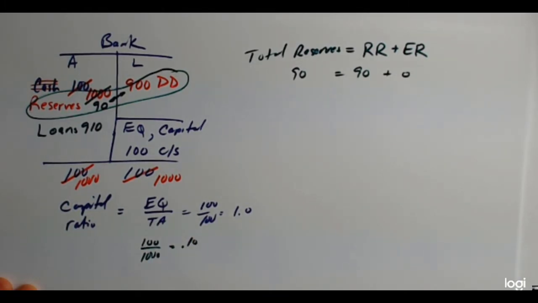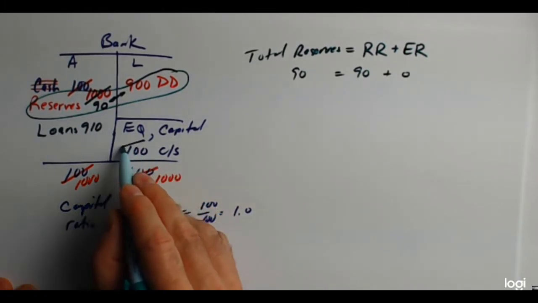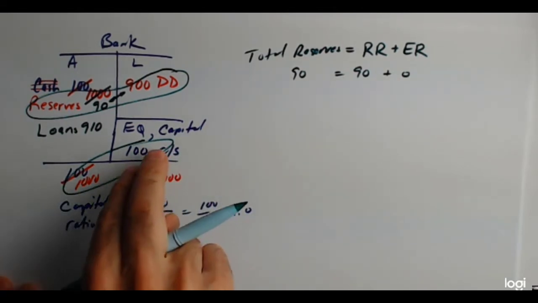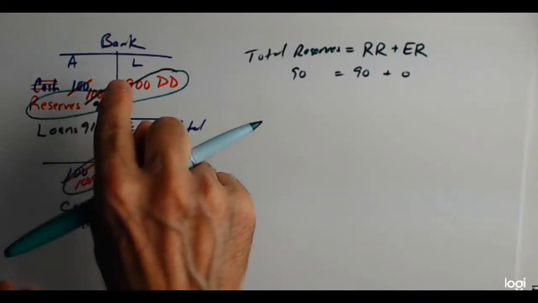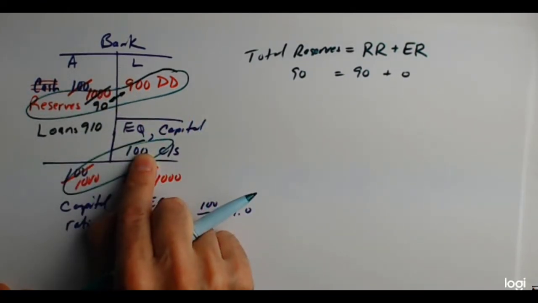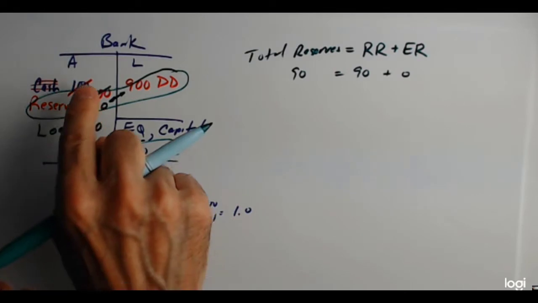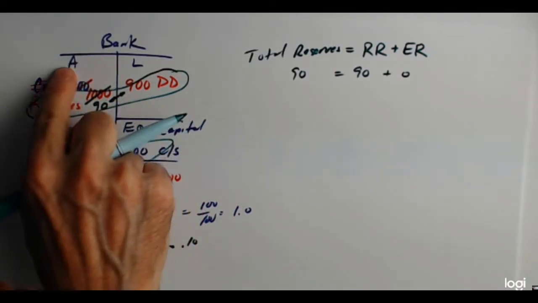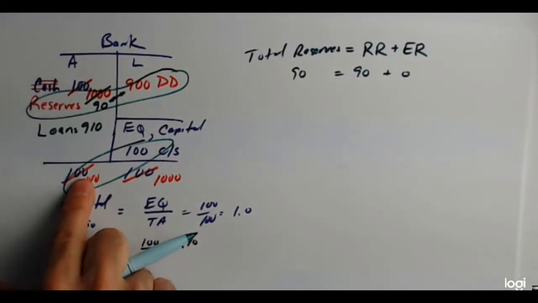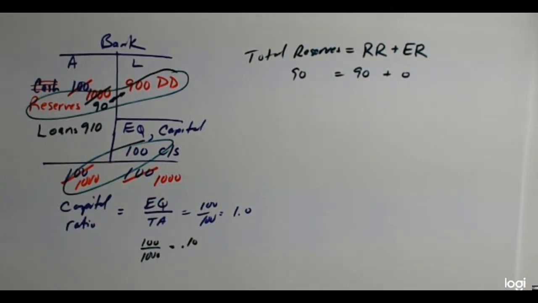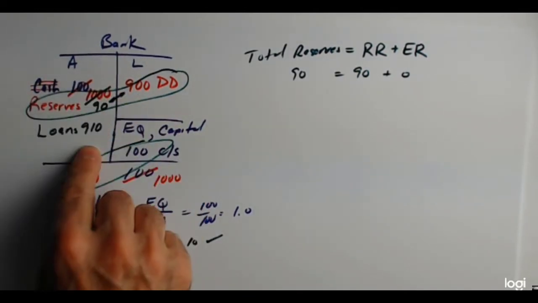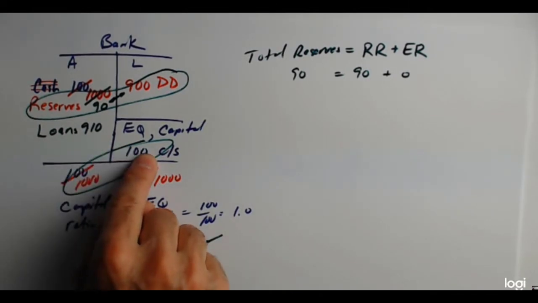And so I like to think of it as this. It's how much capital stock do you have to total assets? In this case, if this bank was to go bankrupt, this bank would have to lose 10% of its total assets. It would have to drop to $900 before this gets eaten away. That's how much you would experience in losses, and that's what that total capital ratio here is telling you. You have to lose 10% here in order to wipe out your capital and become insolvent.